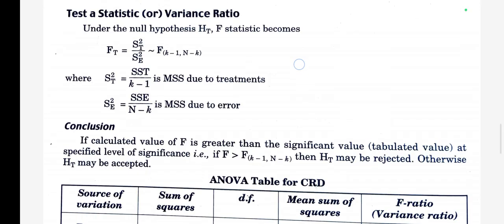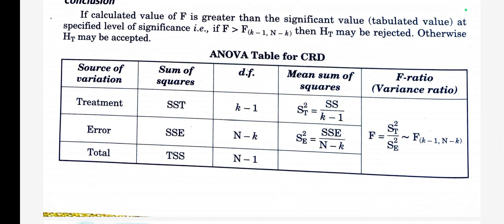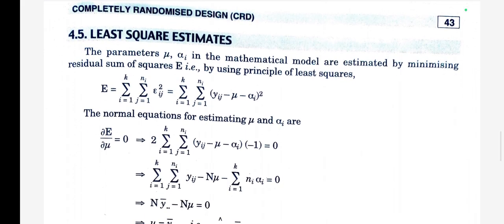Please look at the ANOVA table for CRD, completely randomized design, which is very close to ANOVA one-way classification, and that is also useful for CRD. Least sum of squares we have to learn very quickly and easily. This is very important for our examination.